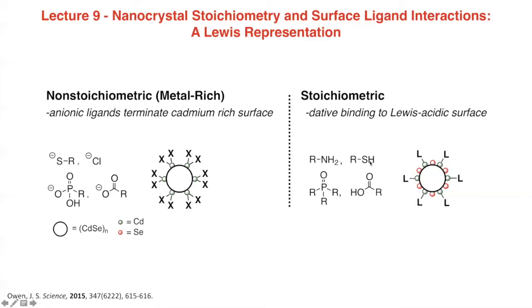Those could be thiols or carboxylic acids or phosphine oxides, for example. The only difference between X and L here is whether the hydrogen is along, so we have carboxylic acid and carboxylate, thiol and thiolate. These are the 2 poles of the charge balance in the nanocrystal ligand complex, and how it depends upon the underlying stoichiometry.